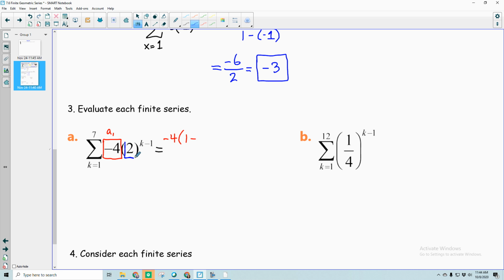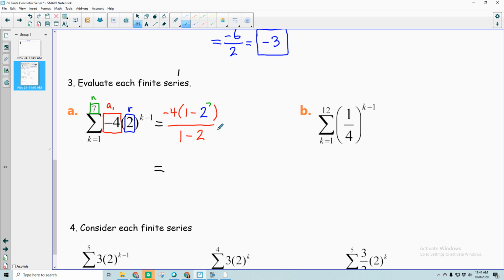Well, that's the number that's in the parentheses here, so this is your r. And then lastly, the n, that's whatever number is sitting right on top of the sigma. So the n is 7. And then all of that is over 1 minus r again, so 1 minus 2.